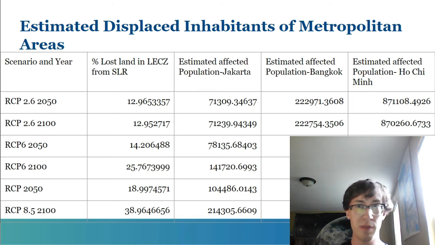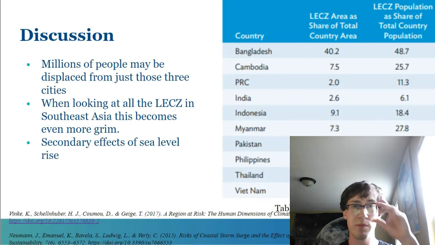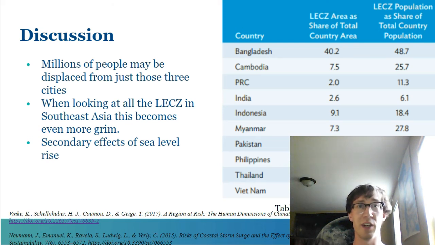From there, Bangkok is lower than Ho Chi Minh, but still 670,000 people needing to be relocated. And then, as I said, 2.6 million people for Ho Chi Minh. So those numbers were just strictly from people having to move because the land they lived on was swallowed up by the ocean. And that was just for those three cities.